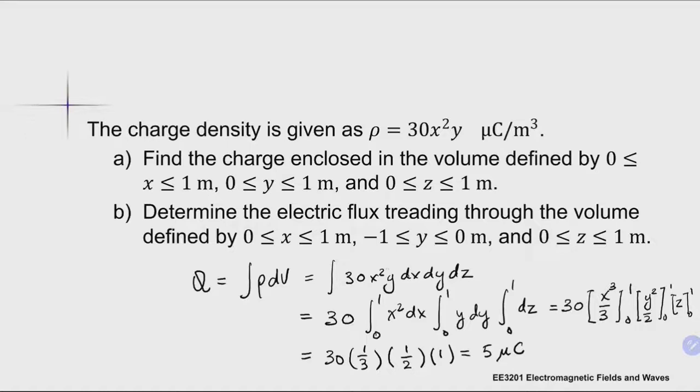The limits is different, but you probably end up with the same answer because it's y squared. Actually, no, it's not the same. It's the negative 5.